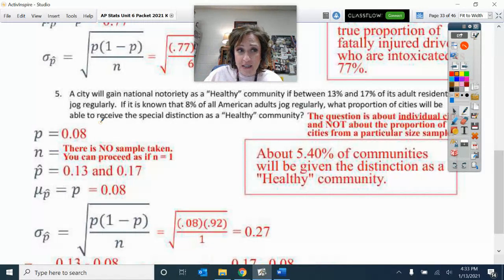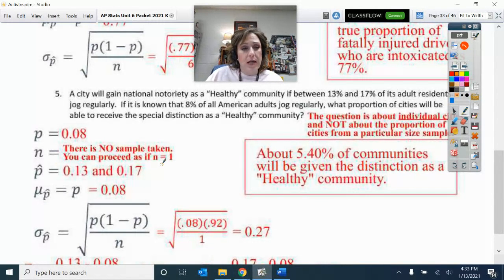Should be centered at 8%. Okay? We don't take a sample in this problem. We just straight up want to know what proportion of cities are going to be between 13% and 17%.